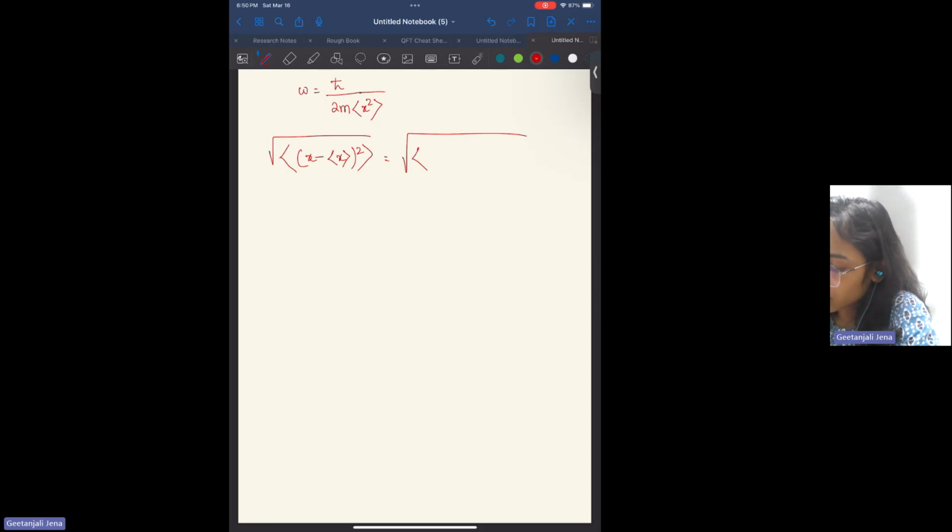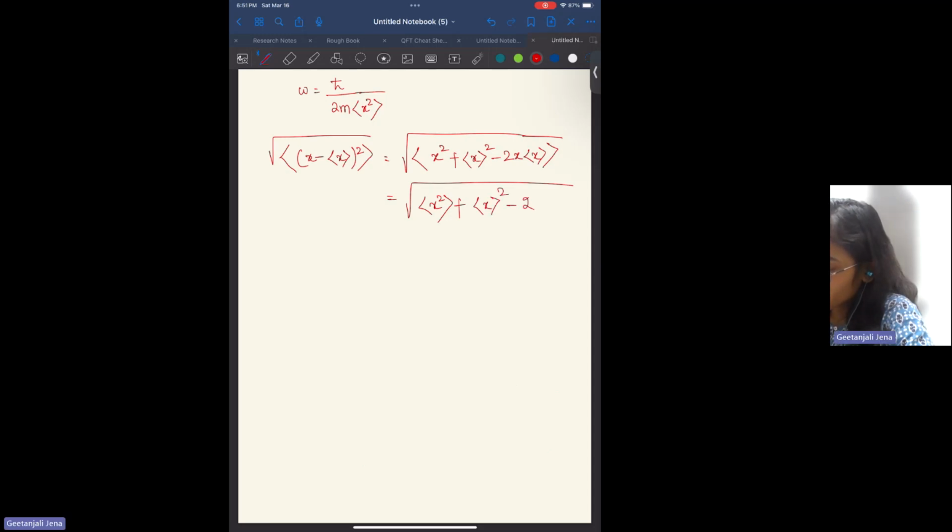Now you can write it as x square plus expectation of x square minus 2 times x expectation of x. Now if we solve it, it will be x square expectation plus expectation of x square minus 2 times expectation of x square. So that means this is equal to x square expectation minus expectation of x square.